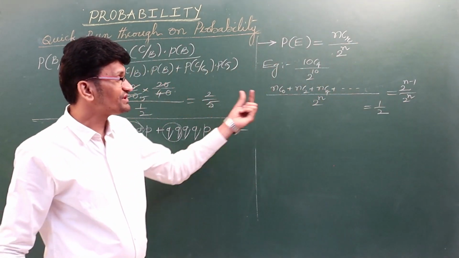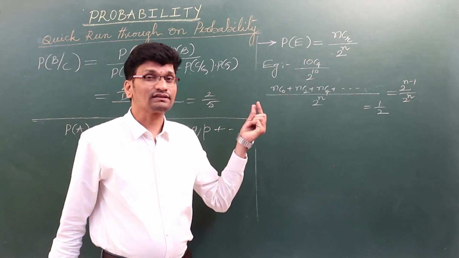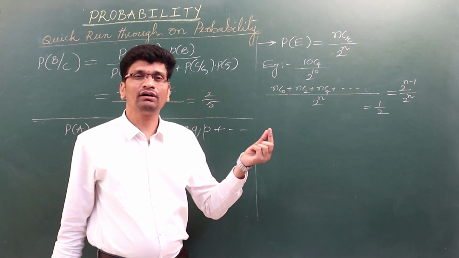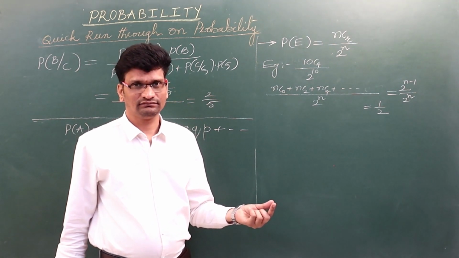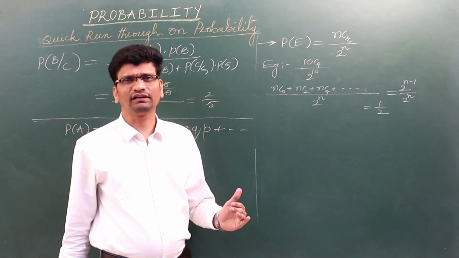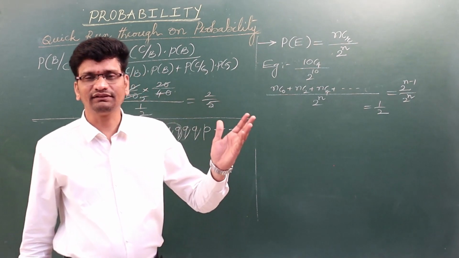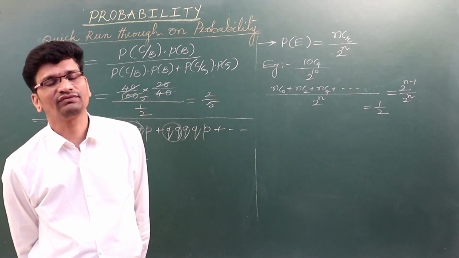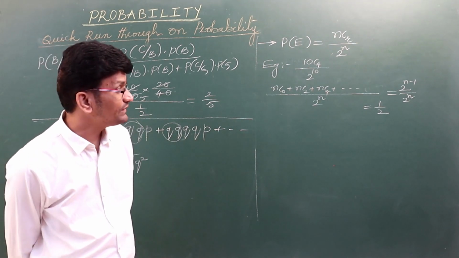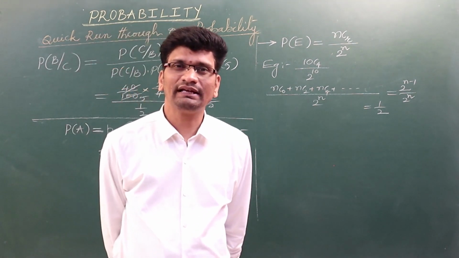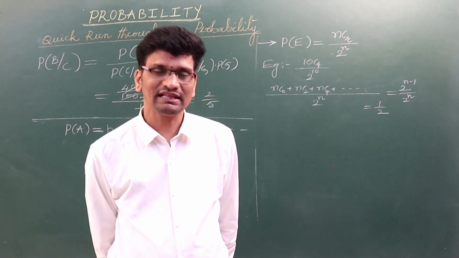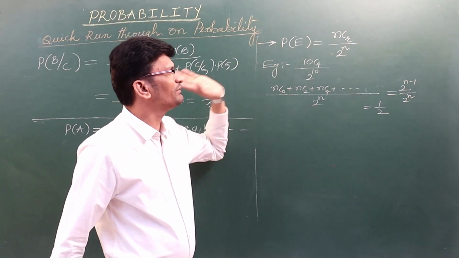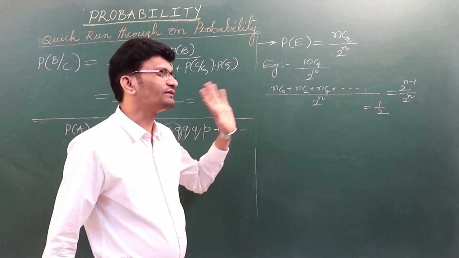What is the question here? When a coin is tossed n times, what is the probability of getting an even number of heads? Same for an odd number of heads also: nC1 plus nC3 plus nC5 and so on. The sum of the odd binomial coefficients formula is also 2 power n minus 1 by 2 power n. The final answer will be 1 by 2. Okay, this is the way. So, this is the one and only formula for the coins model.